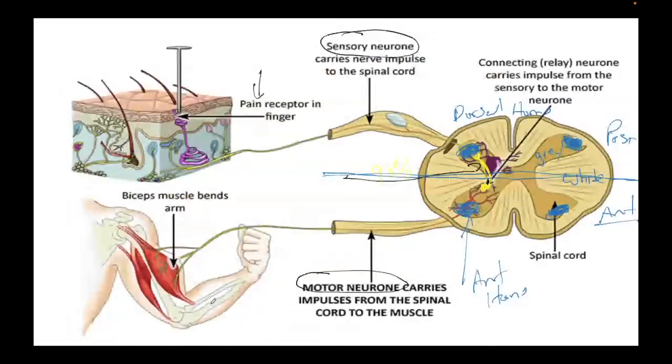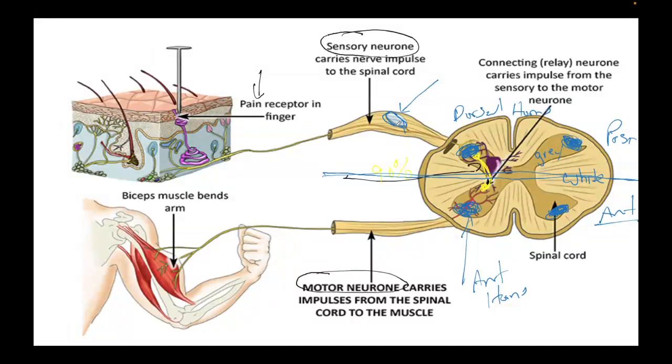Now, I want to go back here just for 1 second, and I want to show you that in the sensory neuron, right here, notice that there's this swollen part of the sensory neuron. It's this nodule right here. The motor neuron doesn't have such a dilated nodule, okay? So this is a unique feature to a sensory neuron. This is called a ganglion or a ganglia.